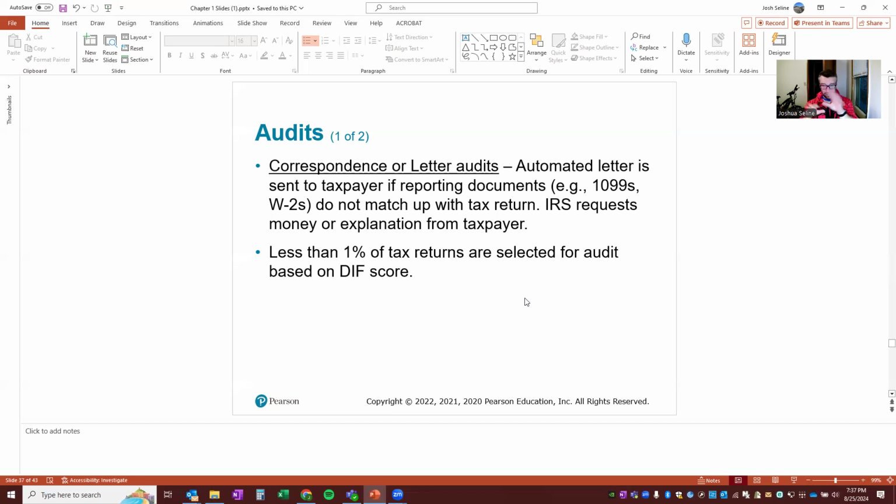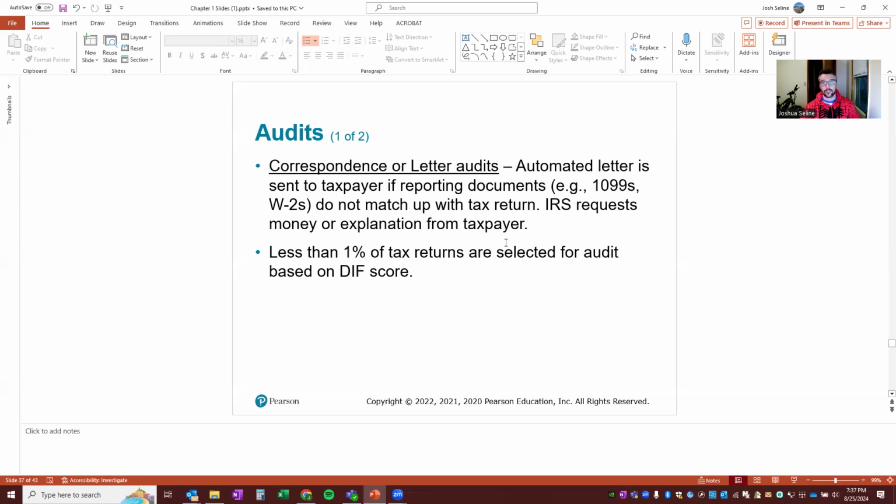They're going to look at that tax return and say, did they report that $1,000 of income? If they did, perfect, everything's gravy. If they didn't, they'll send a letter to say, hey, you didn't report this, so we're reporting it for you. Here is the additional tax, and then any interest and penalties that would go along with that. Correspondence or letter audits, automated letters.